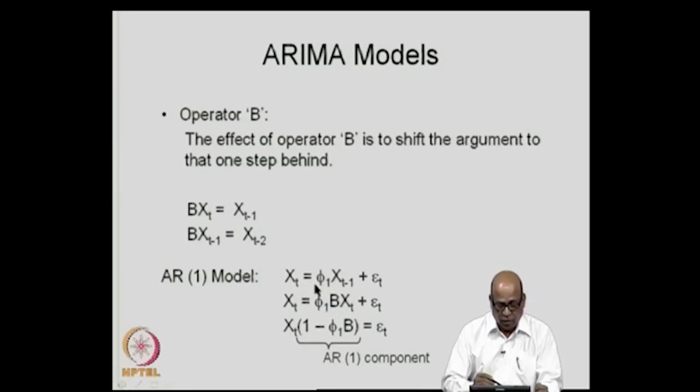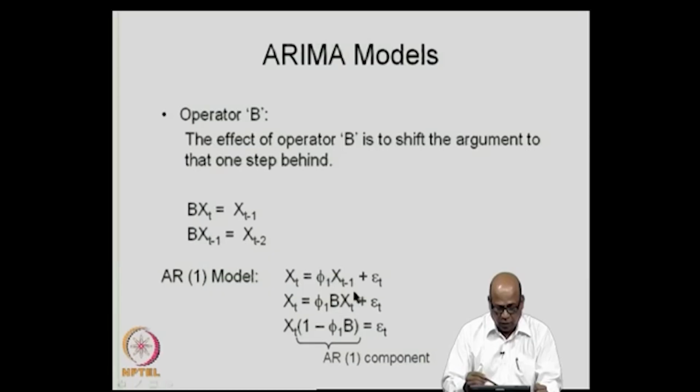Say for example, you have the AR1 model, autoregressive model of order 1. It is written as x t is equal to phi 1 x t minus 1 plus epsilon t. This is our original AR1 model. So, I will use the B operator now. So, x t minus 1, I will write it as B x t.